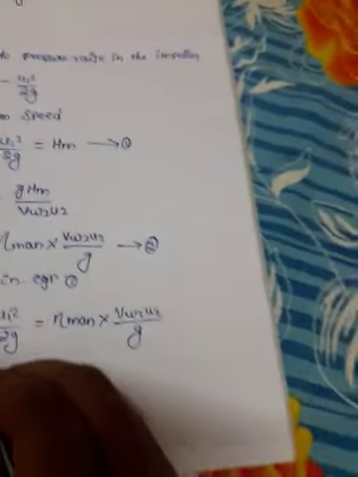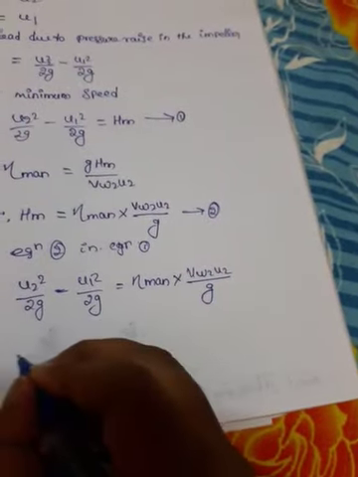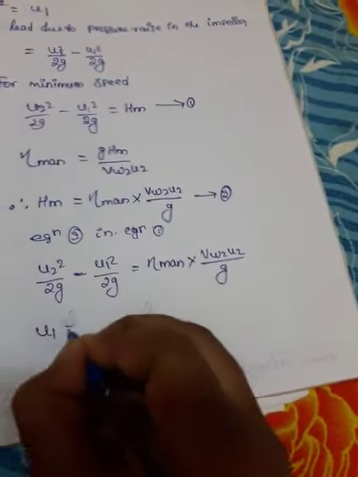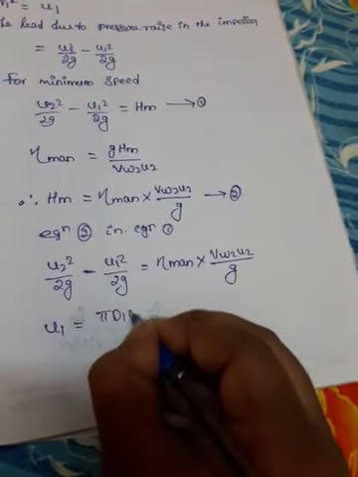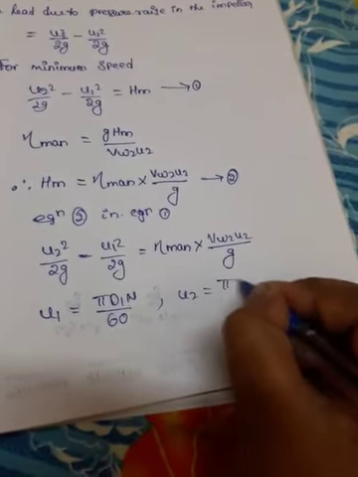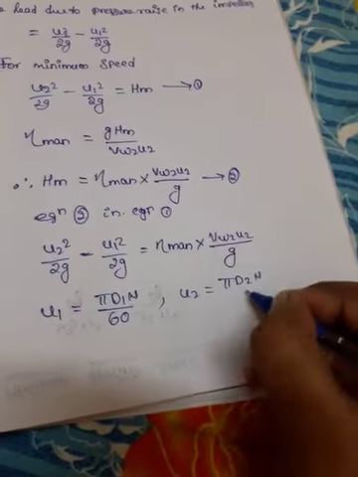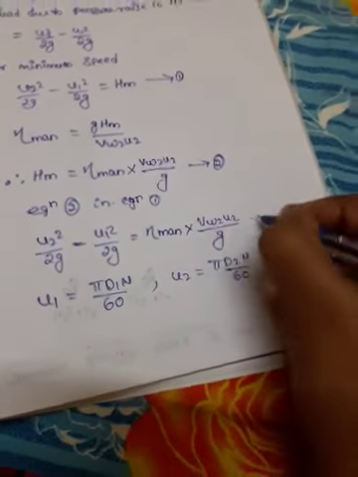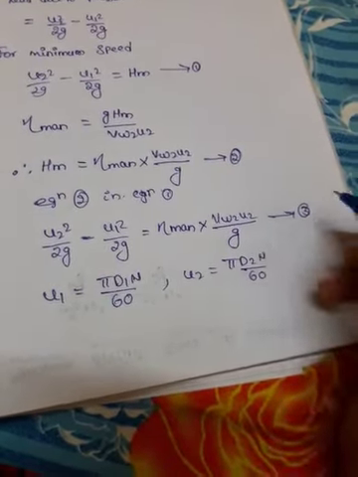We know that the tangential velocities are u1 equal to pi d1 N by 60 and u2 equal to pi d2 N by 60. This is equation number 3.